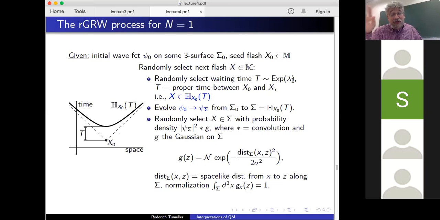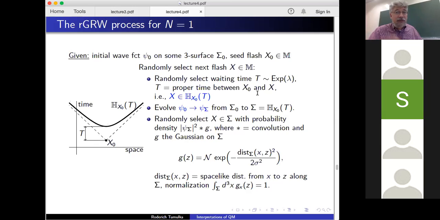Okay, also in the non-relativistic case, it was an exponential distribution. But now t is the proper time between x0 and x. So once I've chosen this random value of the waiting time, I know that the next flash must be somewhere on this hyperboloid, because that's the surface of all points whose proper time distance from x0 is equal to this value.